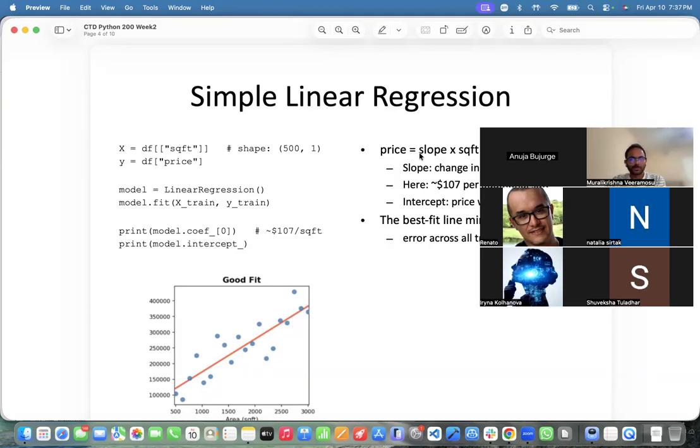Yeah, it'll be slope times the square feet plus, actually, slope 1 and slope 2. Now there will be two slopes, right? Slope 1 times the square feet plus slope 2 times distance plus intercept.